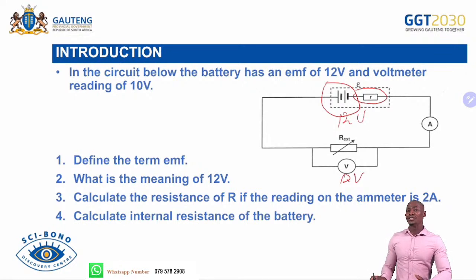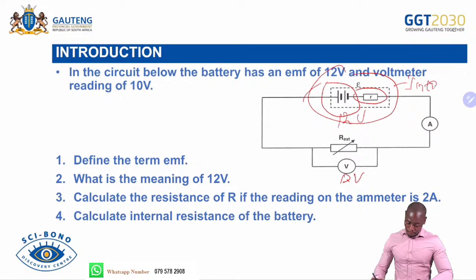Then learners, what you need to know: if there is internal resistance, a circuit will now be divided into two. You are going to have the internal circuit, which is the battery there. This will be your internal circuit.